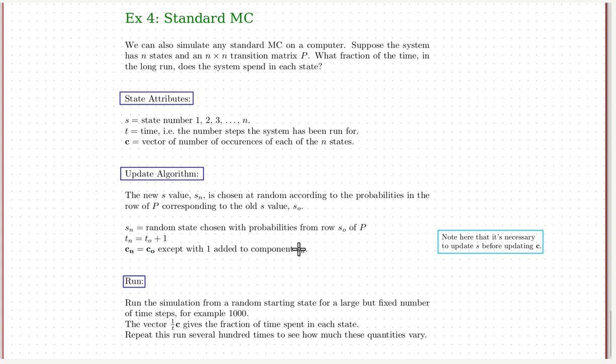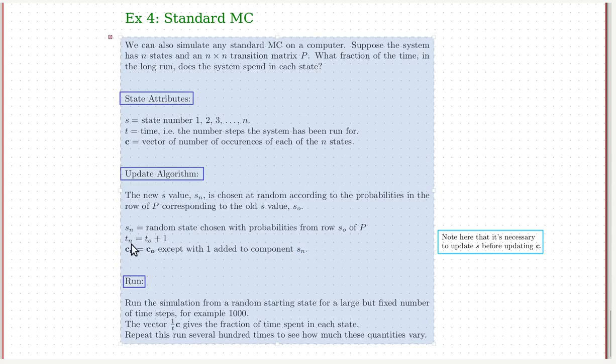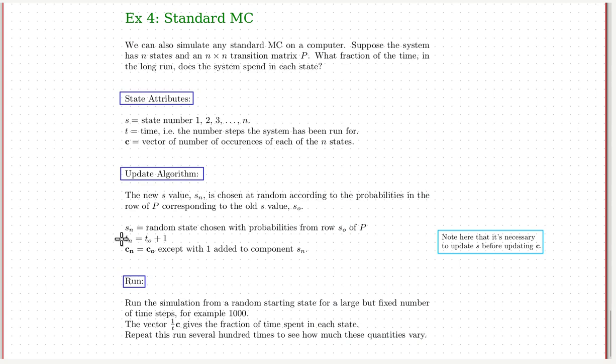Whichever state has just occurred, whatever the new state is, we'll have to increment the corresponding entry in C by 1. I'm just writing out in words the procedure that we'll follow. The new vector C new will be exactly the same as the old vector C old, except that we'll add a 1 into the component corresponding to whatever the current state is.